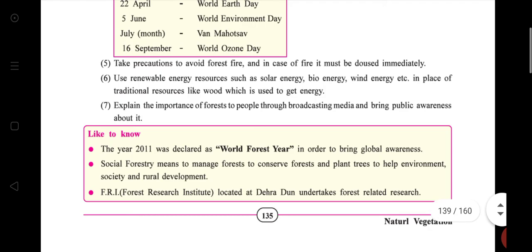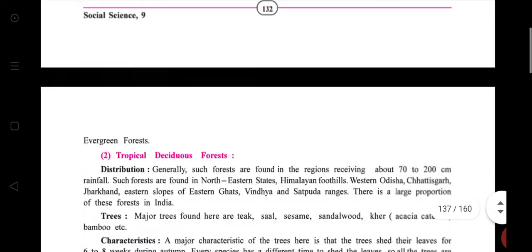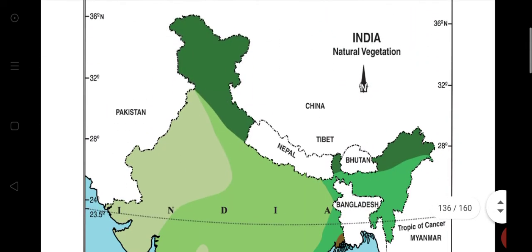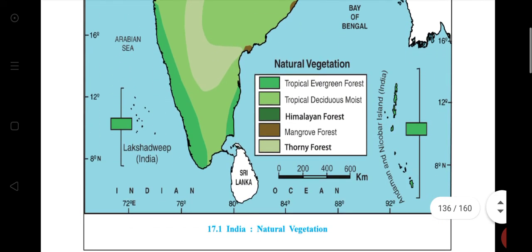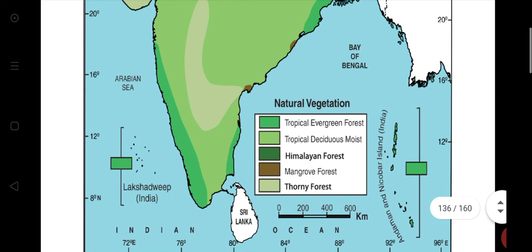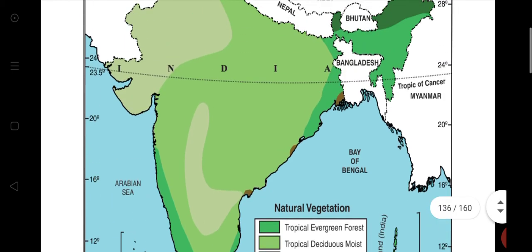Okay, clear? Good. So students, in this chapter we skipped the map. So in the next lecture I will teach how to draw and how to do the map in examination. In the next lecture you will have the map book and see the video with the map book.